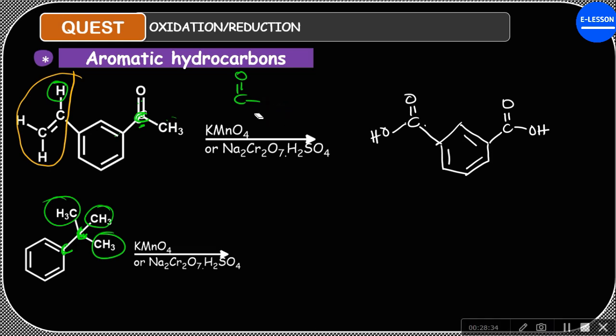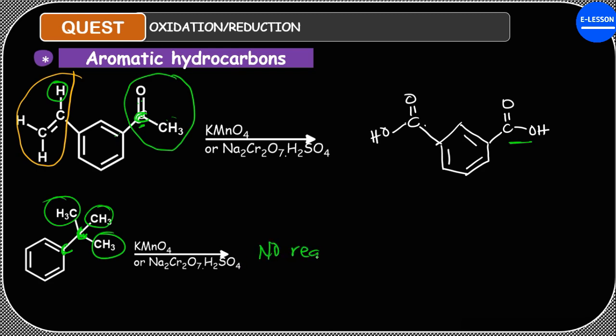So it has to be like this. So compounds like this, a ketone, can also be oxidized by KMnO4 to give us the acid derivative of it. So in this particular one, there will be no reaction. So you come here and say no reaction. No reaction here. All right.